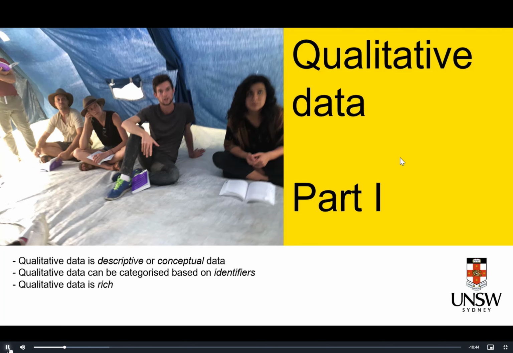It's not something which has a lot of statistical or numerical availability to it. It's something which is an example of qualitative data. Qualitative data can be categorized based on identifiers.